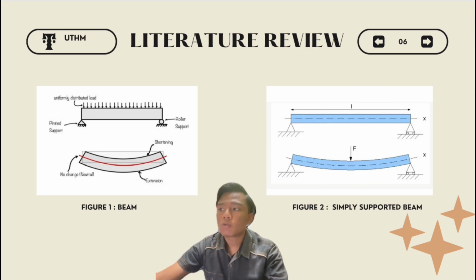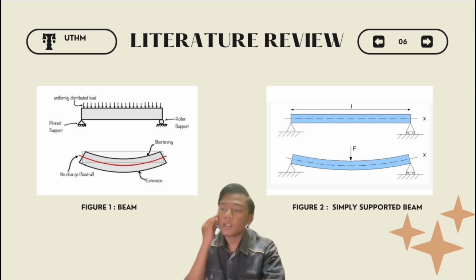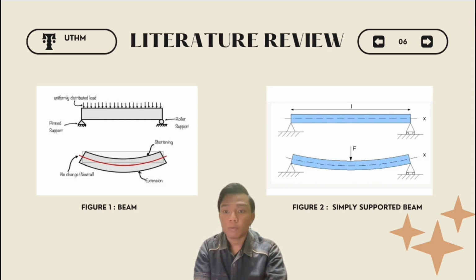So the figure 2 shows a simply supported beam. A simply supported beam is a common type of beam that has a pin movable support at one end and a roller at the other end along the same axis.